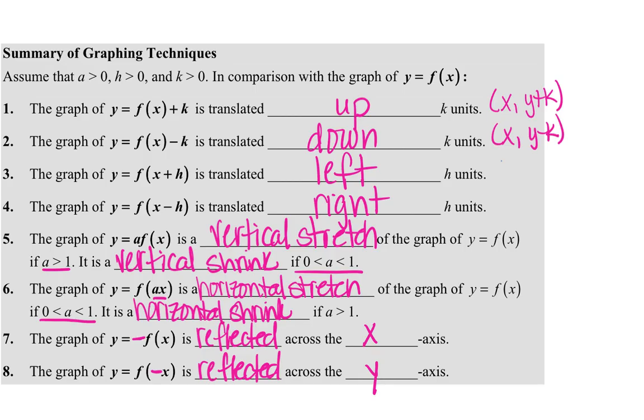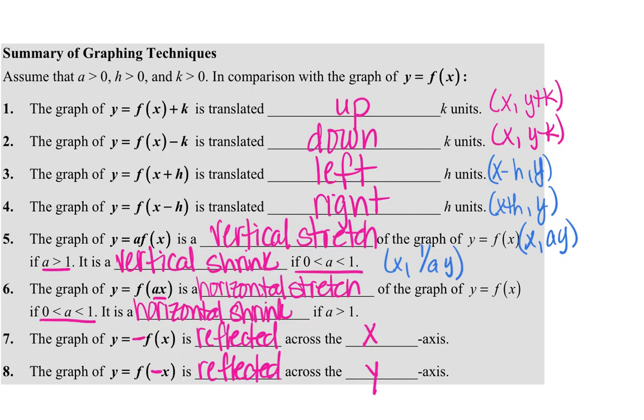This one would be x minus h, and now y stays the same. This would be x plus h, and y stays the same. The vertical stretch is x stays the same, and it's a times y for the stretch, and for the shrink, x stays the same, and it's 1 over a times y. Whatever that number is, of course.